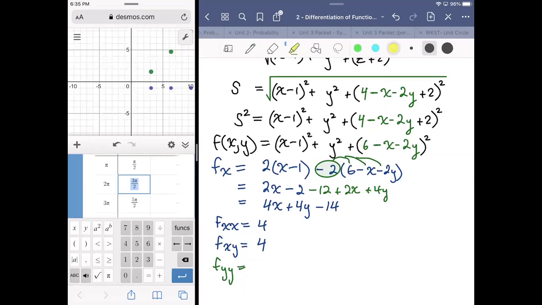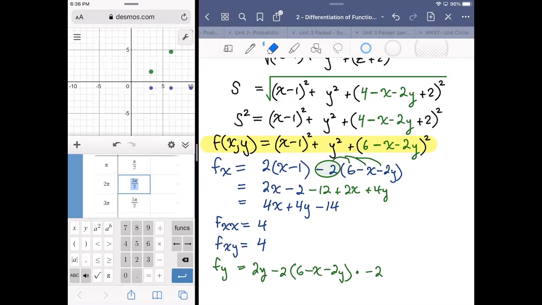We're working again off of this one. So first term goes away. We'll have a 2y minus 2 times 6 minus x minus 2y times a negative 2. Derivative of the inside is only related to the y. So, oh, apologies.